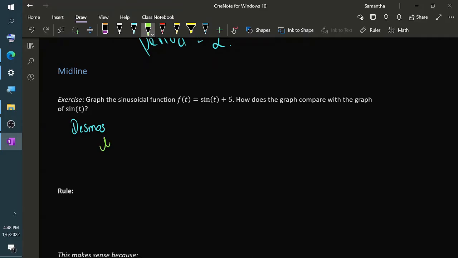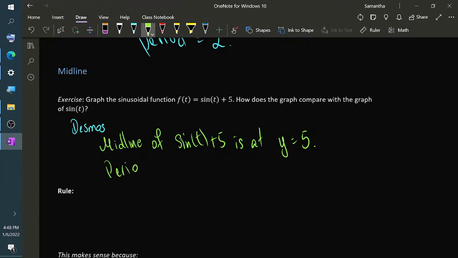What we found is that the midline of sine of t plus 5 is at y equals 5. But the period and the amplitude in this case are not affected.